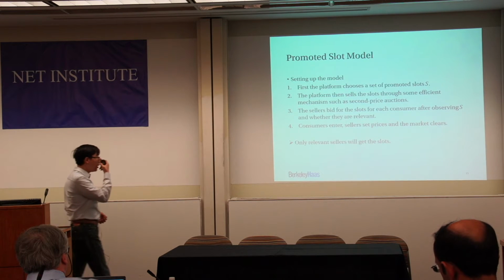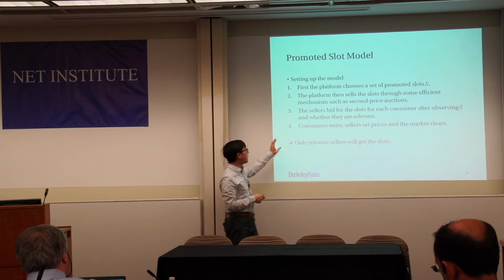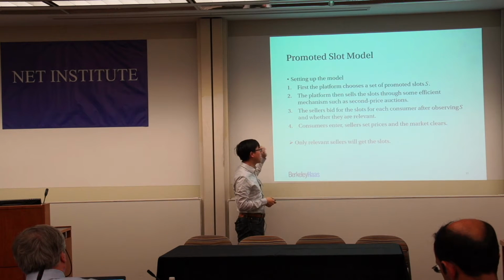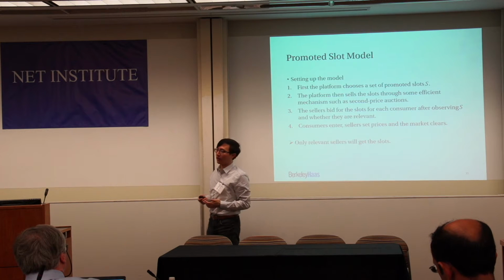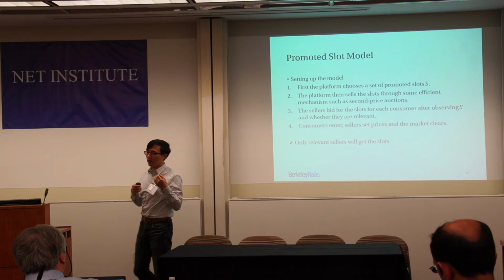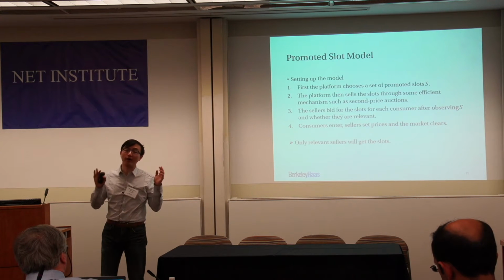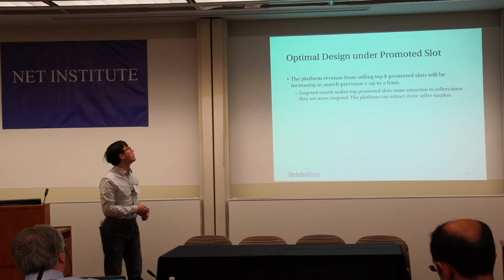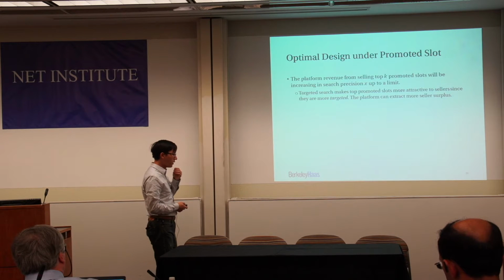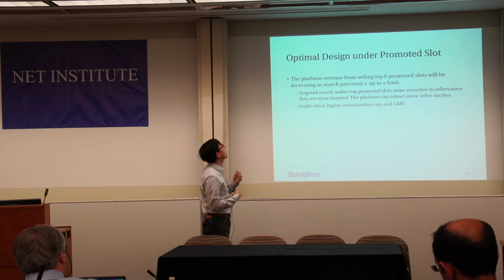Okay. Now, one immediate implication when I apply this model to the targeted search model is that only relevant sellers would want to get those slots because they are going to be the highest bidders, essentially. Now, the revenue implication of this model is that it's actually fairly similar.